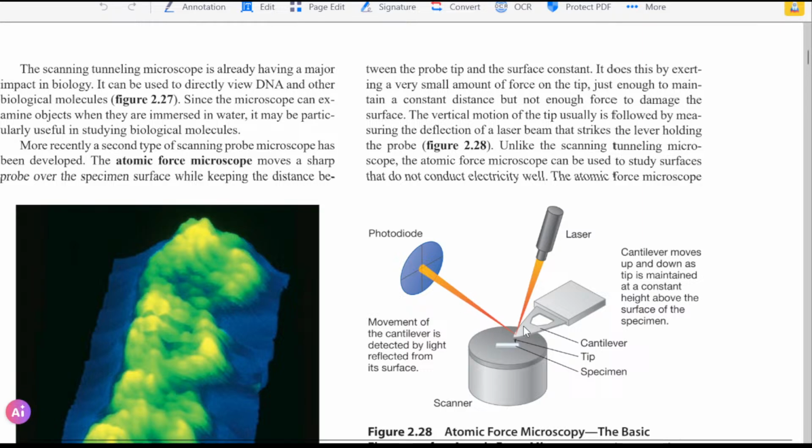So the light that is scattered is collected by the photodiode, and that is used to generate an image. So the atomic force microscope puts a pressure and that manages the distance. In the other one it was the electrical sensitivity. This one is the pressure sensitivity.